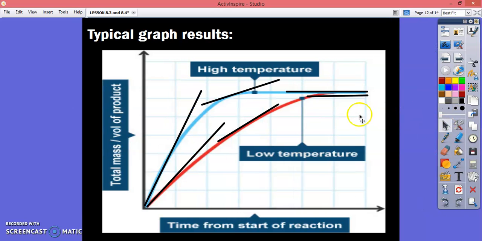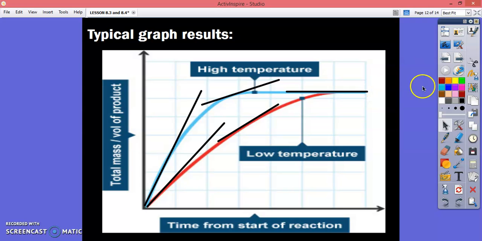But at the end, take a look. The volume that is made when we use a higher temperature reactant and a lower temperature reactant is still the same. They meet at the same amount of product. So there is no change at the end in the volume or the amount of product. We are only changing the speed, not the amount or the volume of the product.